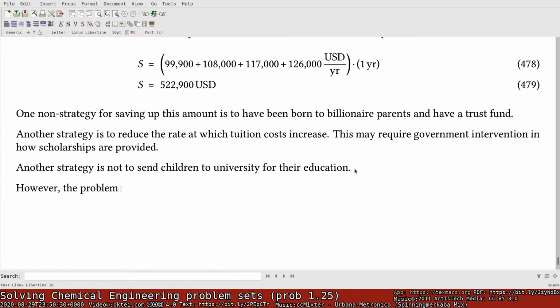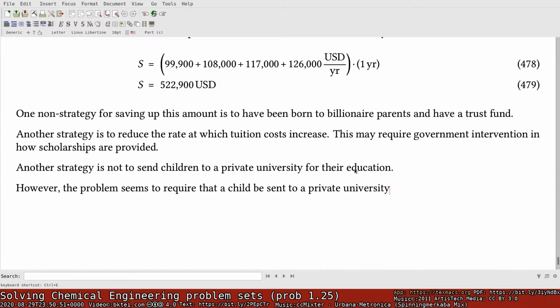However, the problem seems to require that a child be sent to a private university.